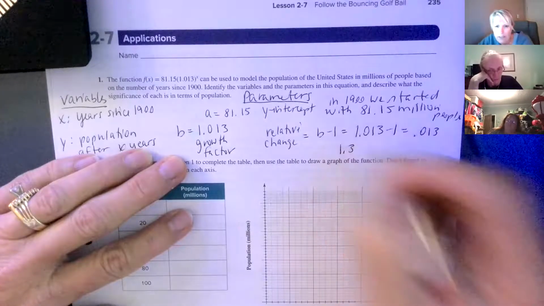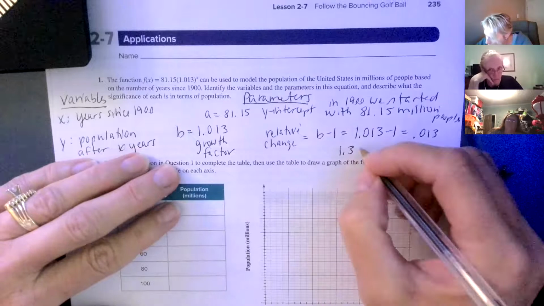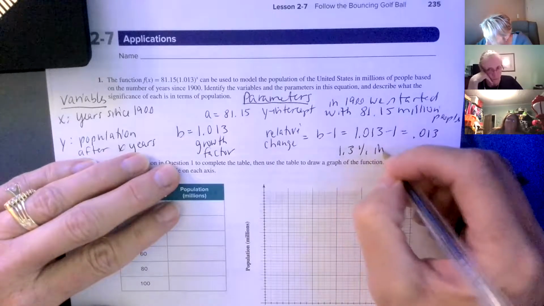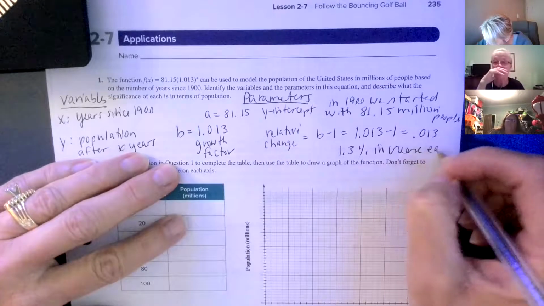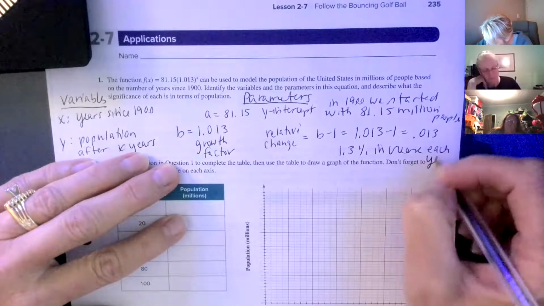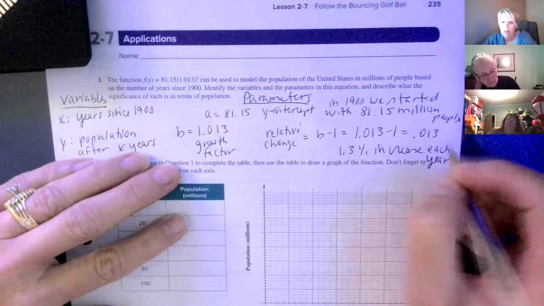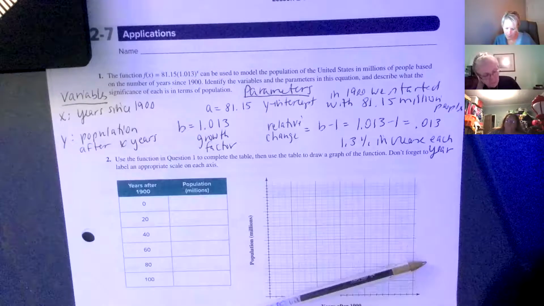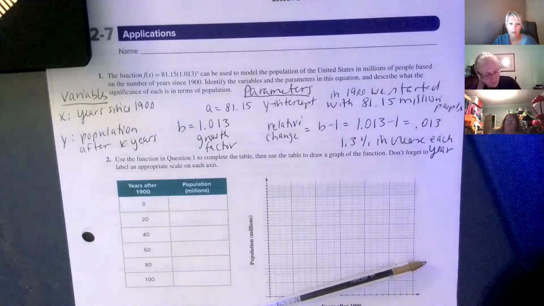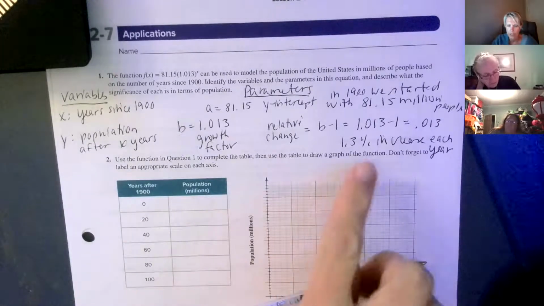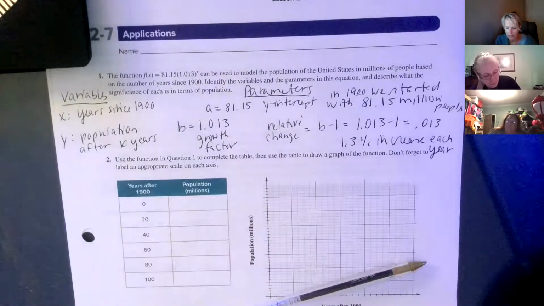And because it's positive, it tells us that we have a 1.3% increase each year. So it's important to be able to turn that growth factor into the relative change, so you can see if it's an increase or decrease.